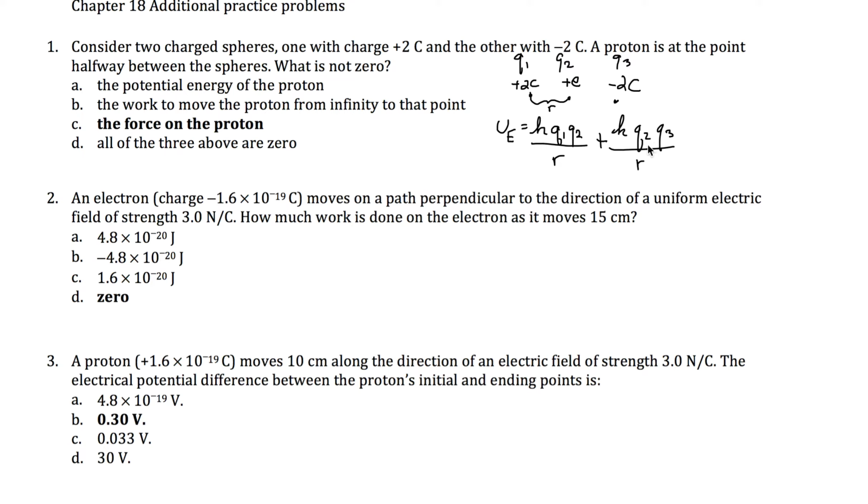When you add these, you'll get 0 because over here you have a negative charge, while for Q1 you have a positive charge, and all the other numbers are the same. So potential energy is 0. That can be related to part B here, where we learned that we can think of the amount of potential energy that a charge has as the amount of work that somebody had to do to move that charge from really far away at infinity all the way to this point here.